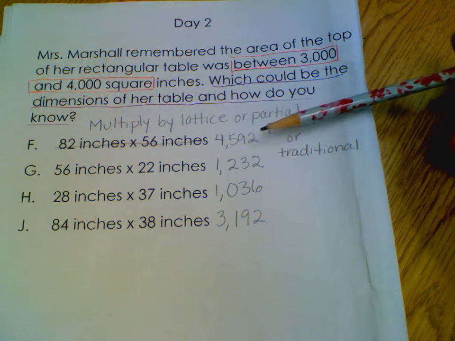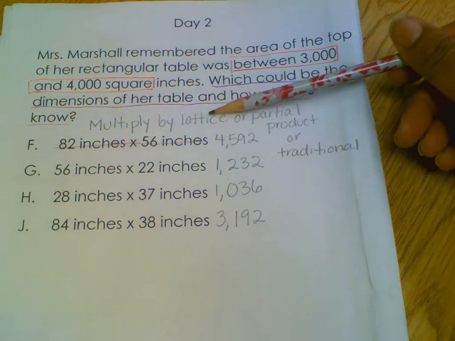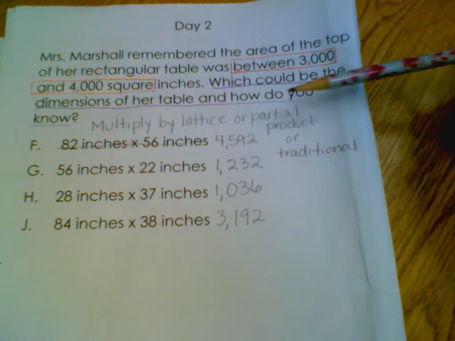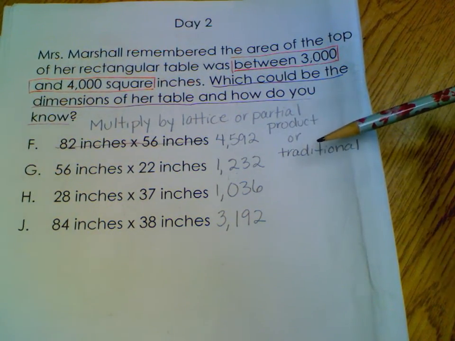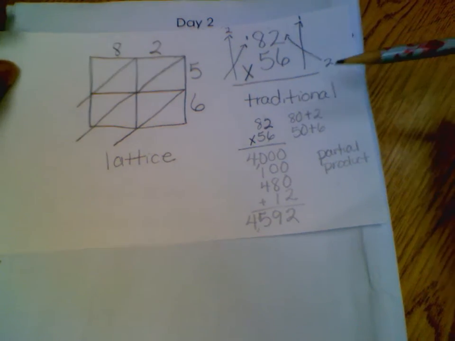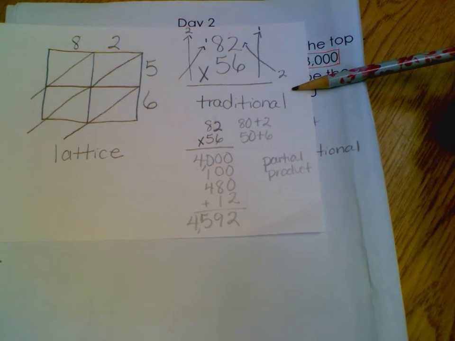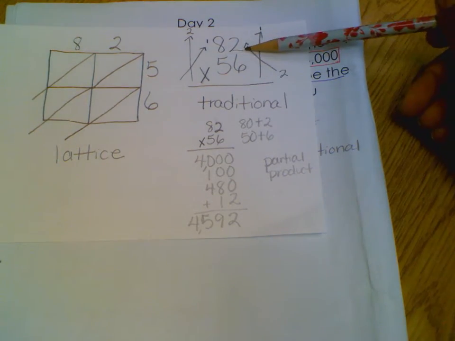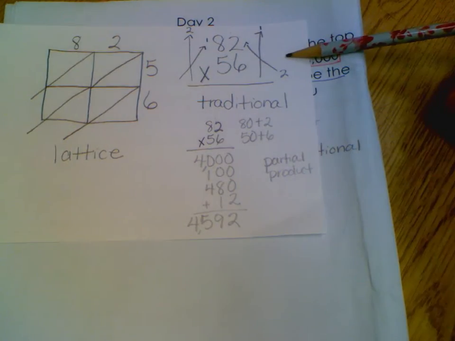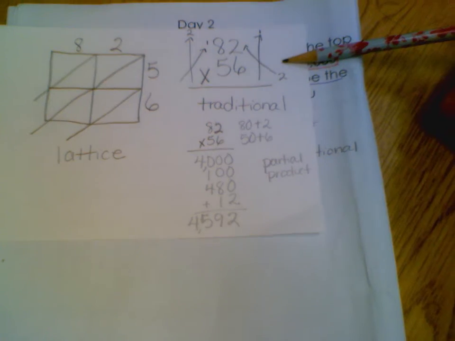So if you do your multiplication, you can either do lattice or partial product, or you can do traditional. So I've got a card here where I've shown you how you could do lattice, how you could do the traditional, and the arrows are the directional ways you would have to go if you want to do the traditional method.